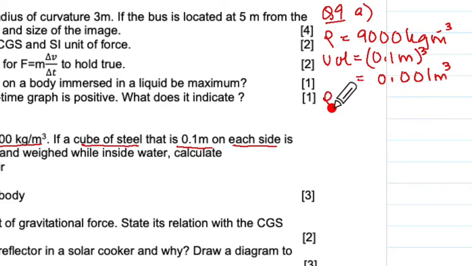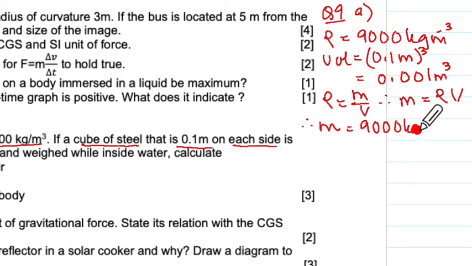Now we know that density is mass upon volume. Therefore mass will be equal to density into volume. So our mass will be equal to density is 9,000 kg per meter cube multiplied by 0.001 meter cube. Now meter cube got cancelled and we have these 3 zeros will cancel with these 3 decimal places which are actually zeros in the denominator.